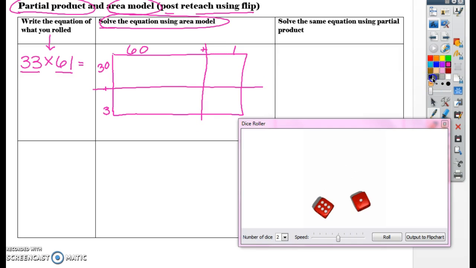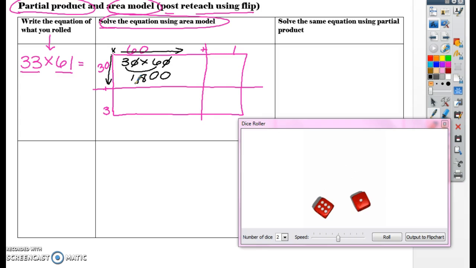Now, each rectangle has its own equation. So here, if I do length times width, it would be 30 times 60. I'm going to use the power of 0: 1, 2 zeros, and now 3 times 6 is 18. 30 times 60 is 1,800.